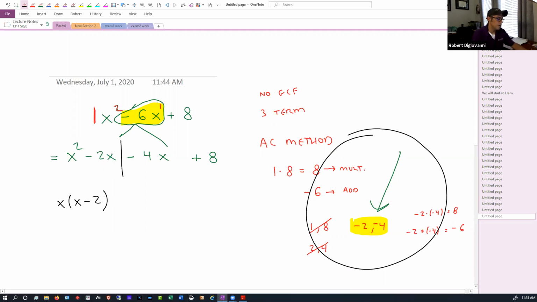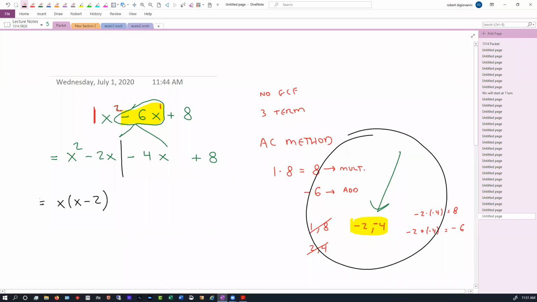And then on the second one, what can we pull out as a GCF? Be real careful here. Negative 4.